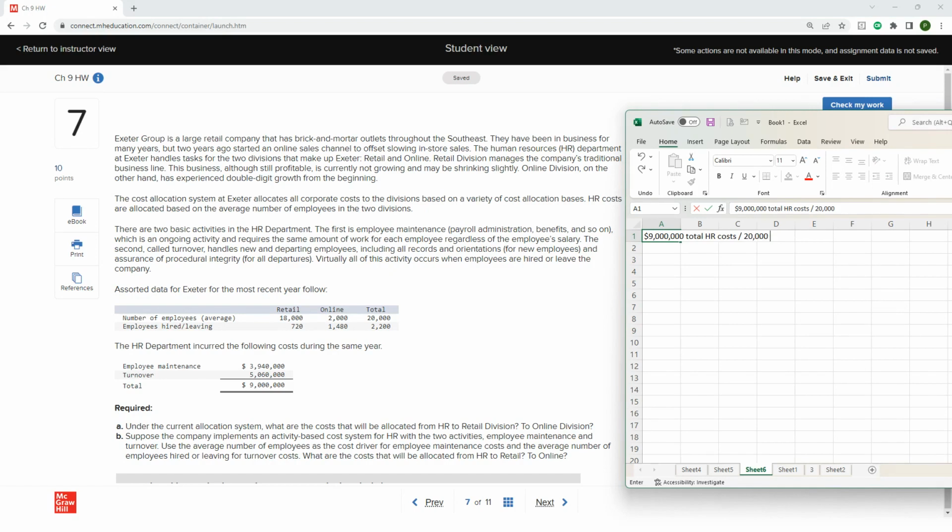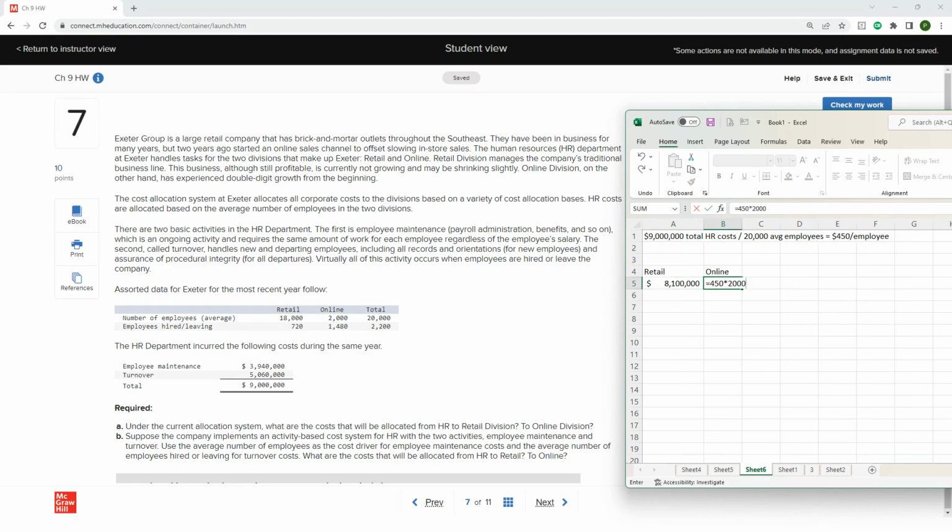For part A, it says to allocate these costs between the retail and online divisions. For retail, out of those 20,000 average employees, retail has 18,000. So 18,000 times $450 is $8.1 million. And for online, it's $450 times 2,000 average employees for $900,000.